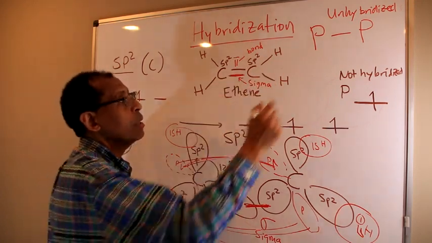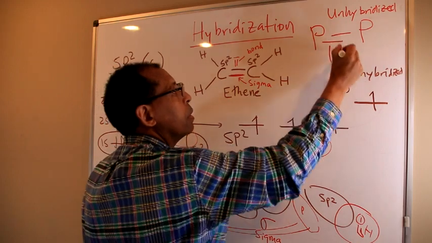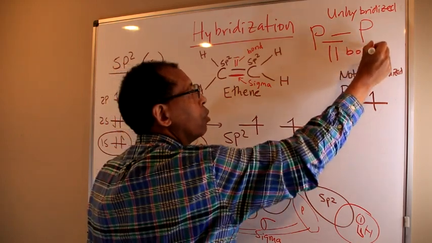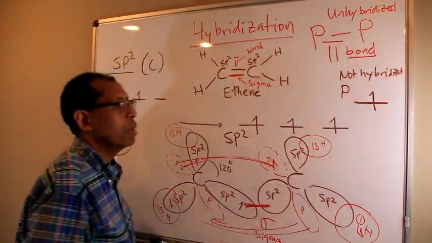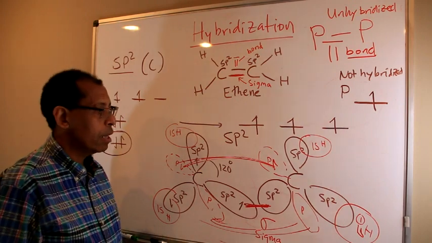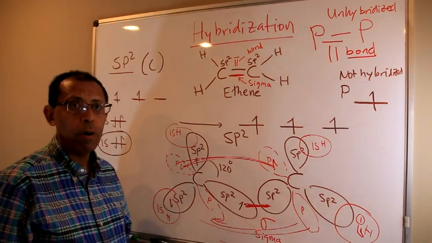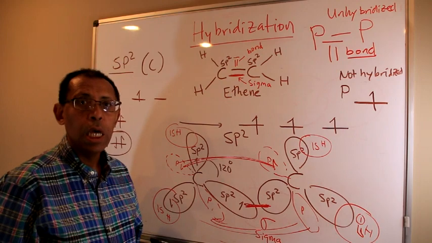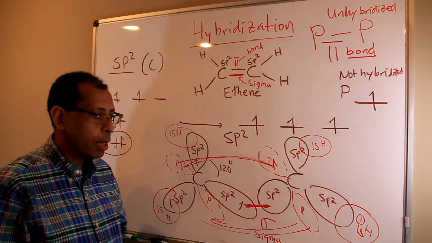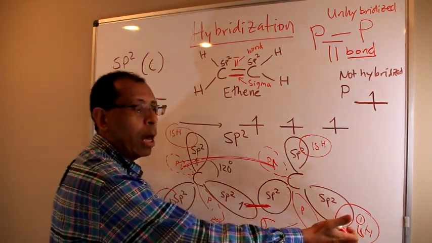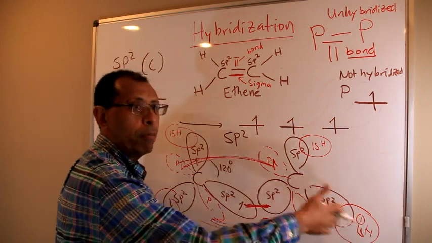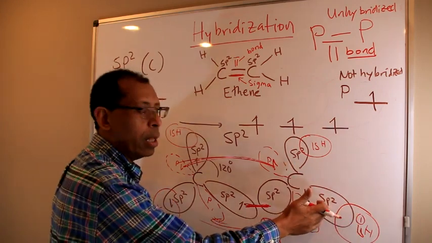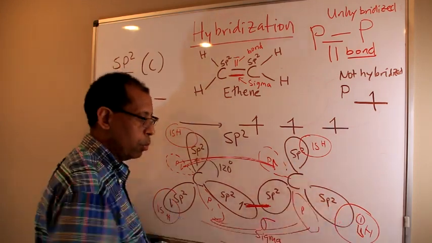So a pi bond is the interaction between two p orbitals. A sigma bond is always made of the interaction between two hybrid orbitals, or the 1s orbital of hydrogen with any hybrid orbitals like sp2.